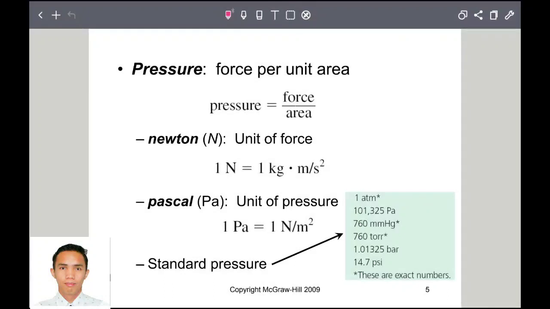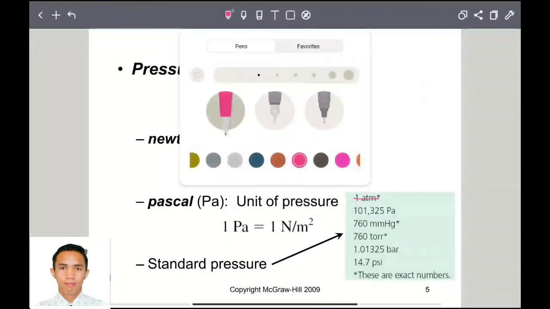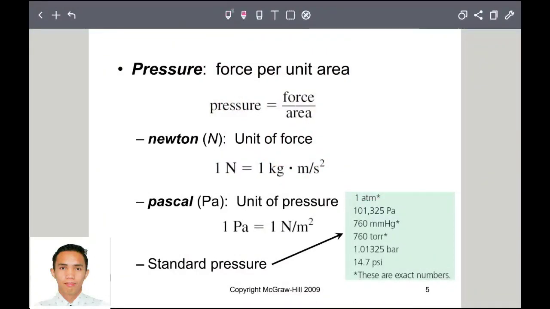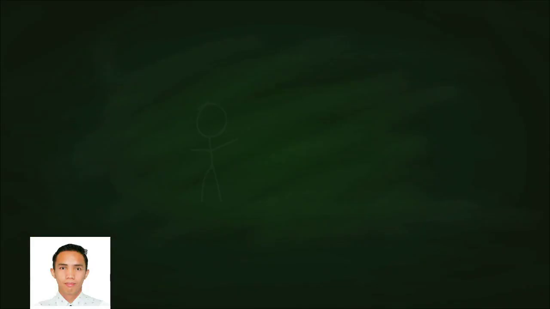We have a standard of pressure here: 1 atmospheric pressure is equal to 101,325 Pascal. These are exact numbers of the atmospheric pressure.